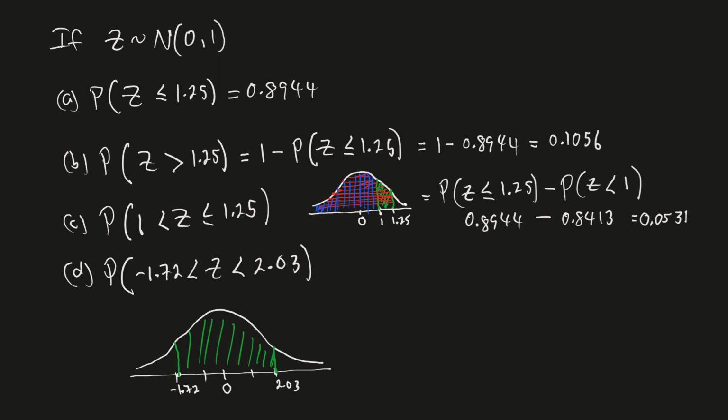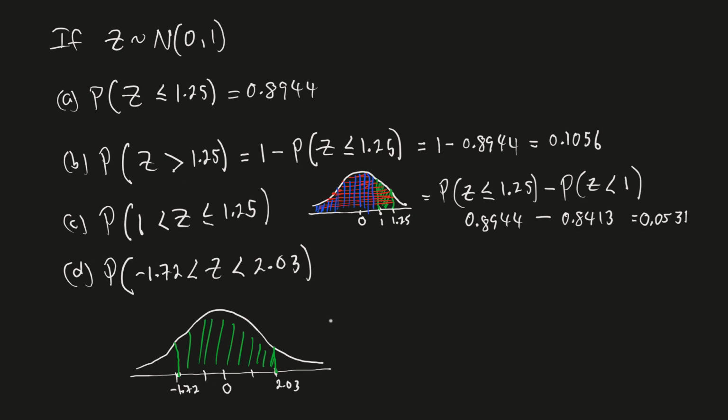But this is a really good table. Hold on to this table in case you need it, not just in this course, but in other courses, because it includes the negative values, right? Instead of trying to use symmetry, which is what some other standard normal tables require us to do, we don't need to use symmetry to figure things out. We can just go directly to whatever values are needed.